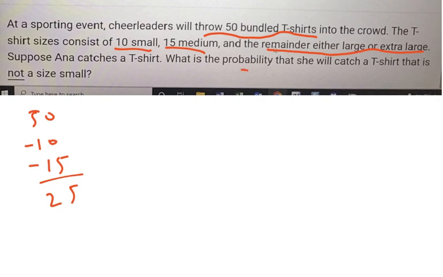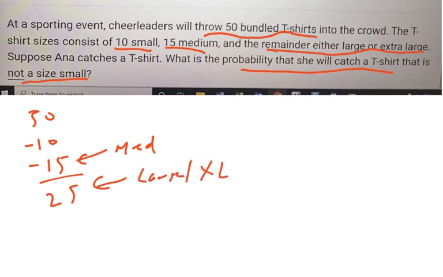And the question says, what's the probability that she will catch a t-shirt that is not small? Well, not small is the 15 medium and the 25 that are large or extra large.